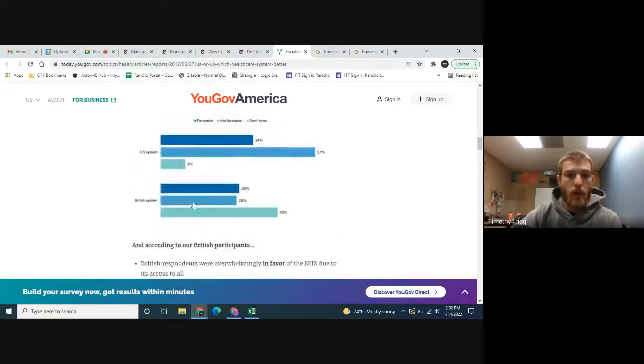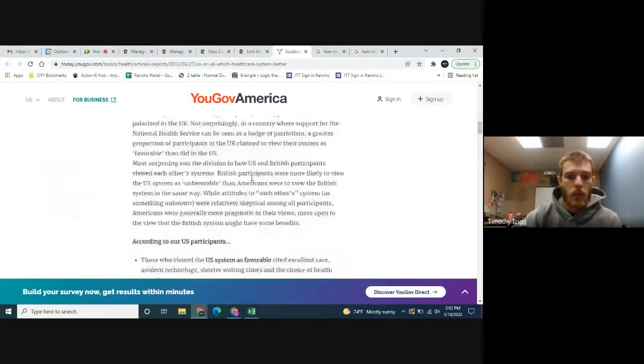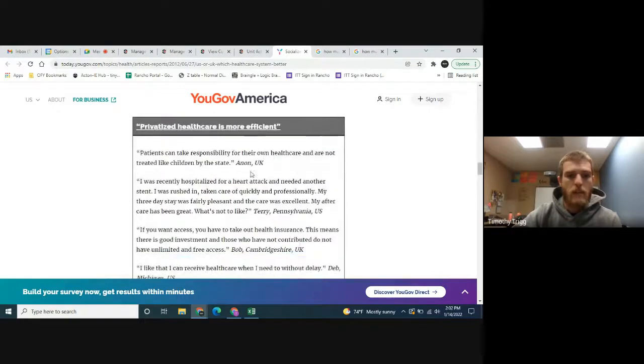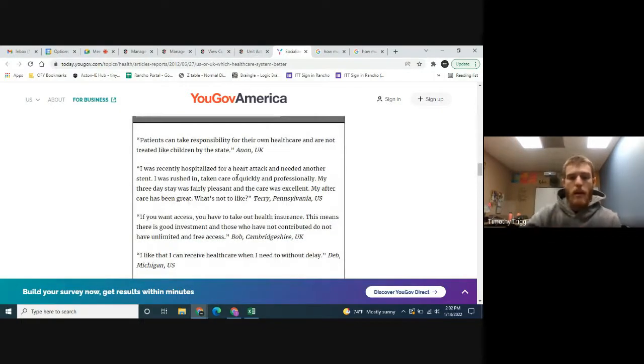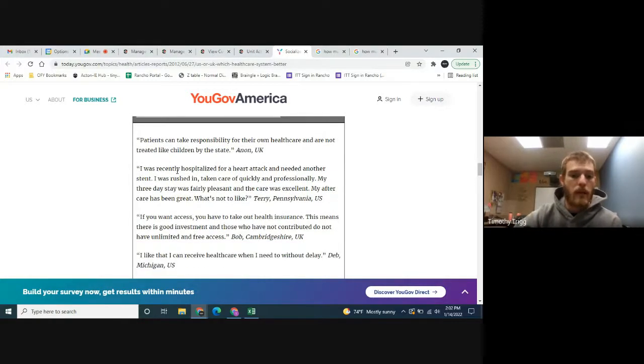And for the UK, you see it's different. You can actually scroll all the way down and you could see people's opinions down here. So these privatized healthcare is more efficient. This is like saying the US healthcare system is good. So these are people who responded to that, and you could see where they're from.